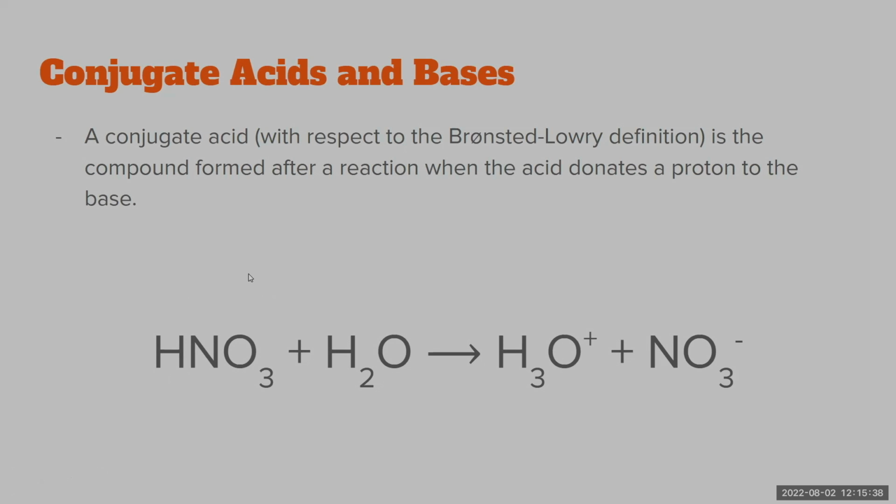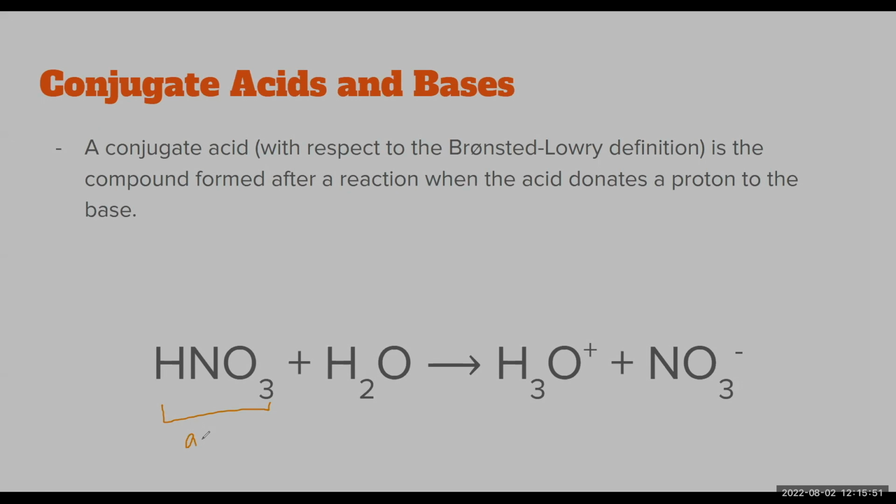So if you remember from our previous slide, we used HNO3. This was nitric acid. So this first one is nitric acid. So we know that this is going to be the acid. And because of that, this would probably function as the base. Because if you compare the starting material and the product, we'll see that the HNO3 will have given away its hydrogen right here, all the way to this water right here.